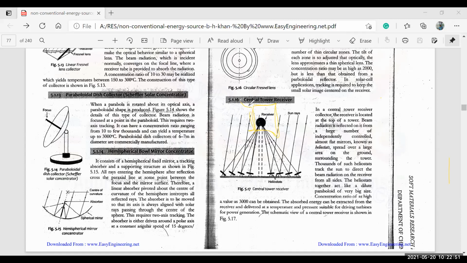If you keep a water container outside in the sun, it definitely gets heated, and you are getting backup support from these mirrors. It is concentrated and focused at this water heater itself, reflecting to this part and just heating it. So these are the constructions.